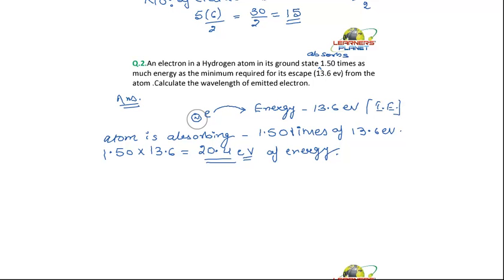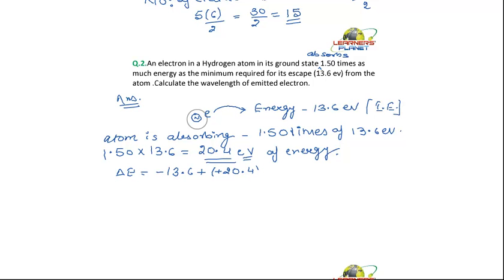So the new energy of the electron, or your delta E, will be how much? This would be minus 13.6, which was initially at the ground state, plus 20.4 electron volts, which it has absorbed. I think you are getting why I am adding this.